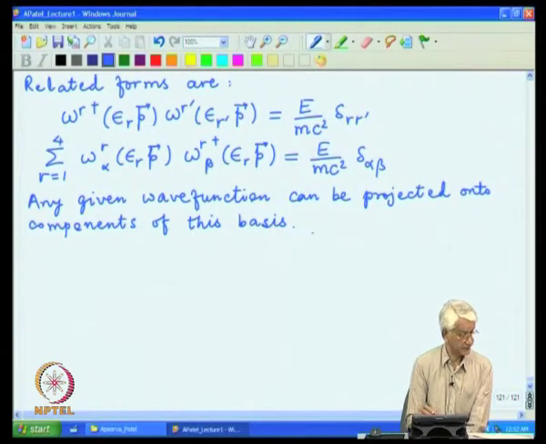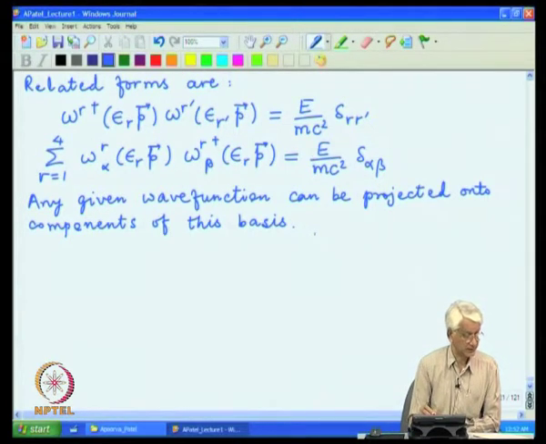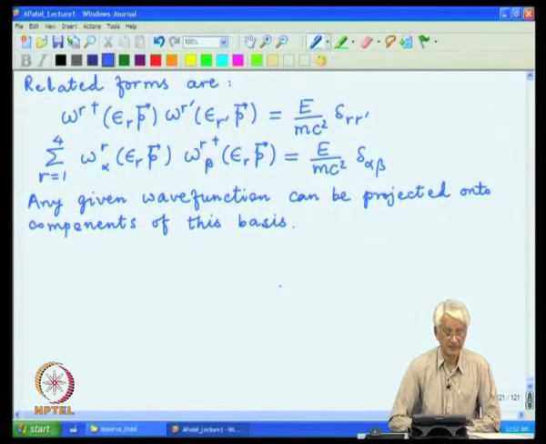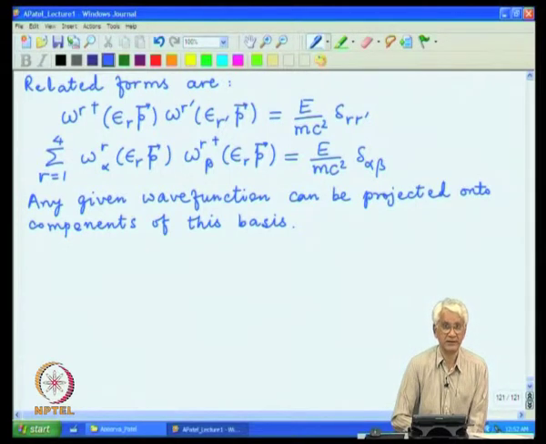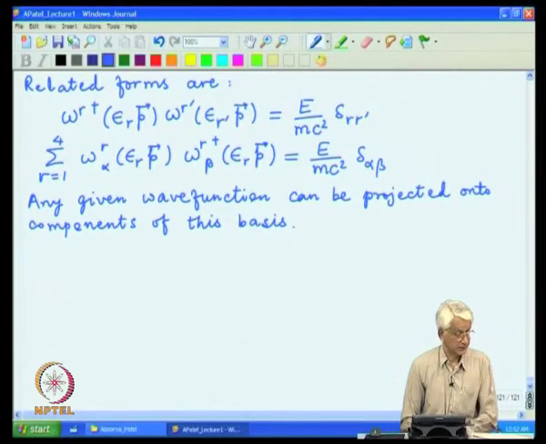The rest frame we have actually chosen very cleverly with all the ones and zeros. So, the meaning in that rest frame was very clear. When the upper components were non-zero, they were the positive energy solutions, and when the lower components were non-zero, they were the negative energy solutions. On top of that, there are two upper components and two lower components, but they can be identified by the eigenstates of sigma z, or equivalently the third component of the spin, it is either up or down.